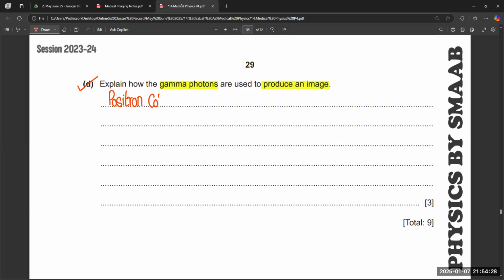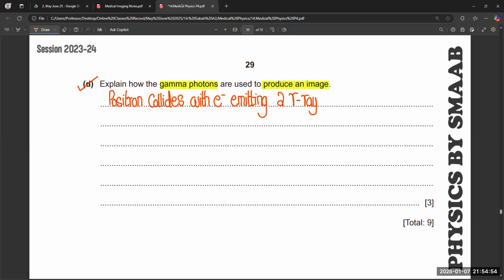Positron collides with electron, emitting, because their main purpose is not to ask about the production of gamma rays.